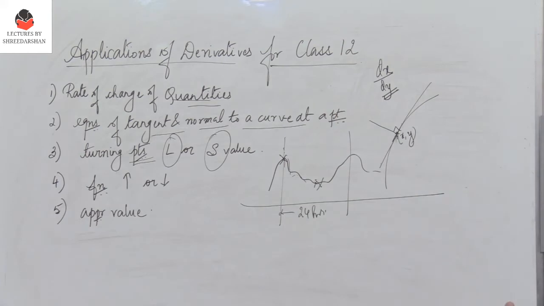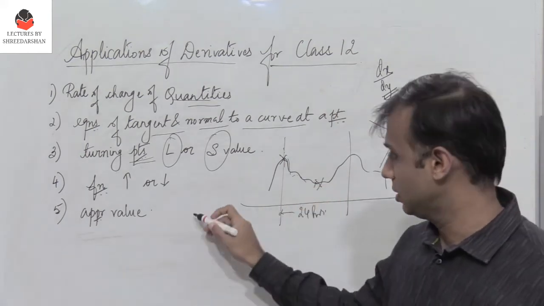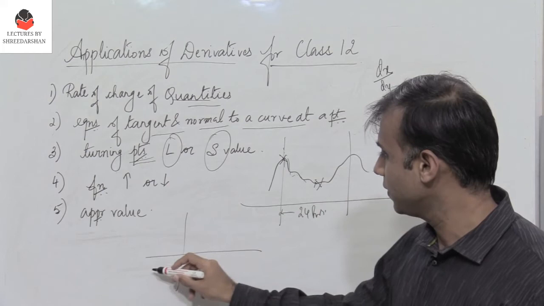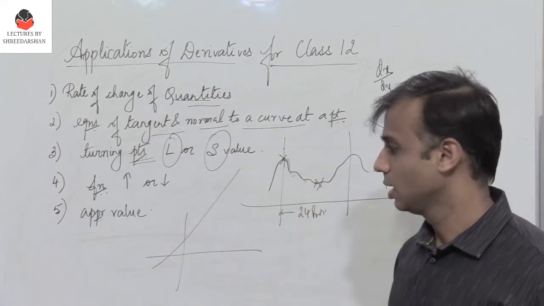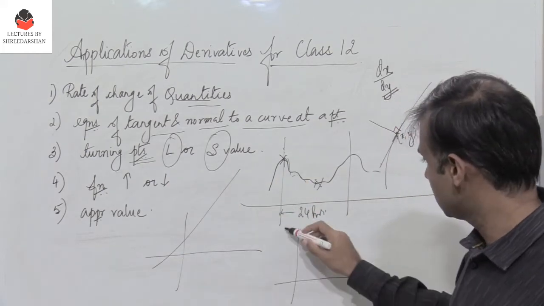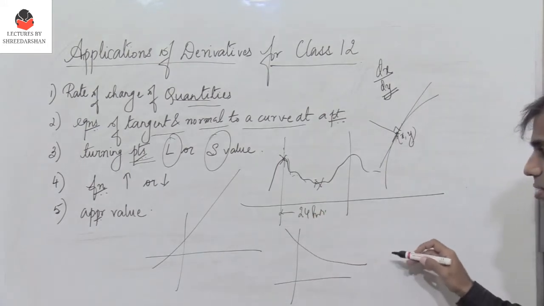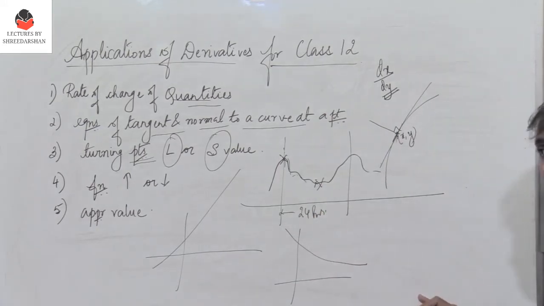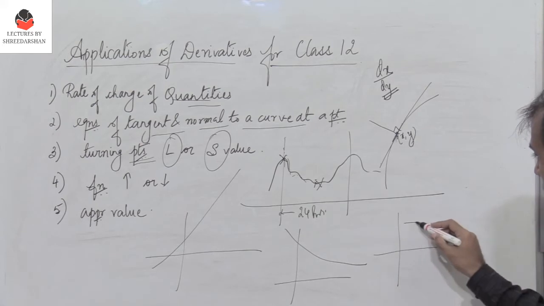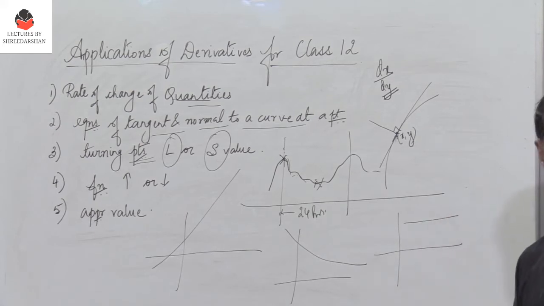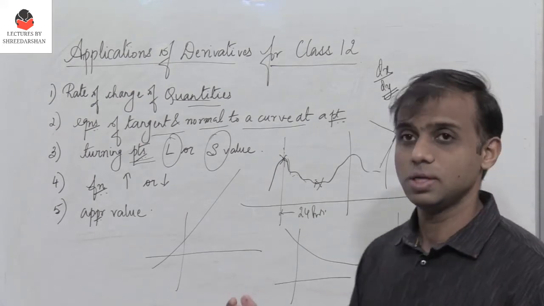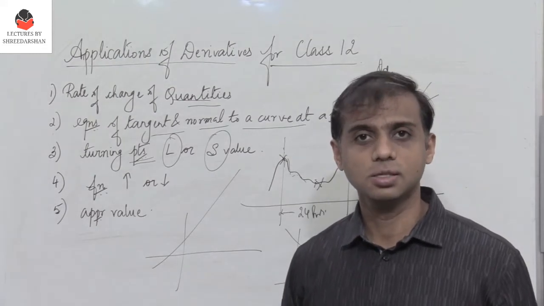Now we can also find whether a function is increasing or decreasing. So I have a function like this, it is increasing. Let's assume that there is a function which is going like this. This is a decreasing function. Or there may be a function which remains constant. Can we find whether a function is increasing? Can we find whether a function is decreasing?